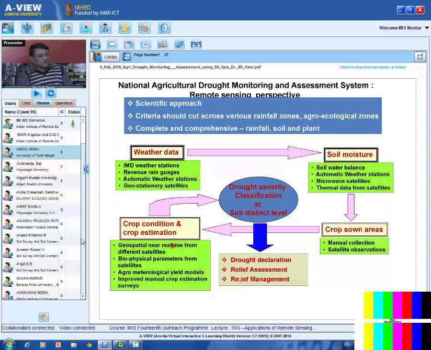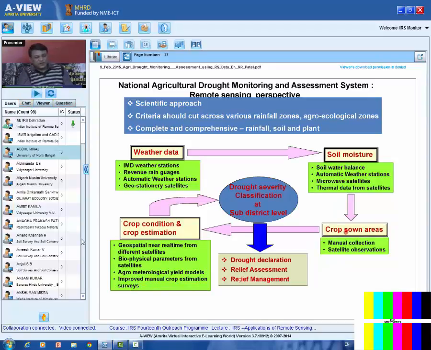For crop condition and crop estimation, we get near real-time geospatial information from different satellites, mainly the actual crop status at varying resolution. From satellites we can estimate biophysical parameters like LAI, FR, biomass and different variables. We can improve the agrometeorological yield model and also improve the manual crop estimation survey.